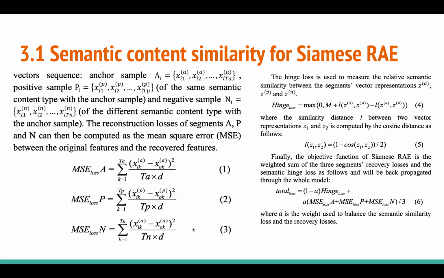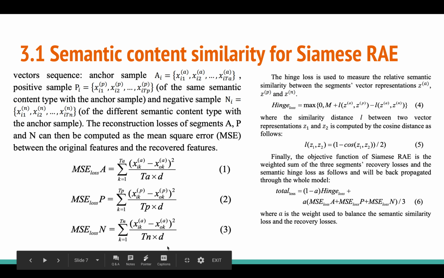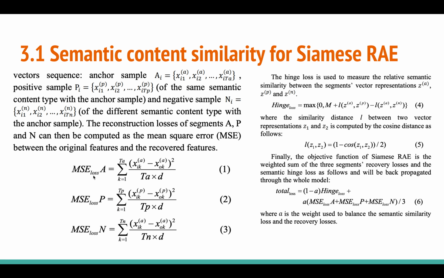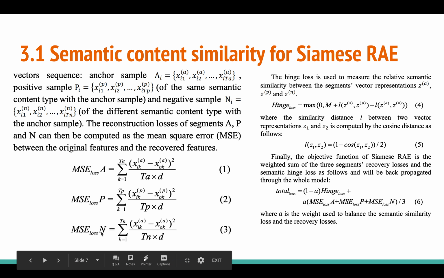Now, this is called reconstruction loss, because we are trying to reconstruct, or find the mean square error. But we also want to know how similar the anchor sample and positive sample are, and the anchor sample with the negative sample.